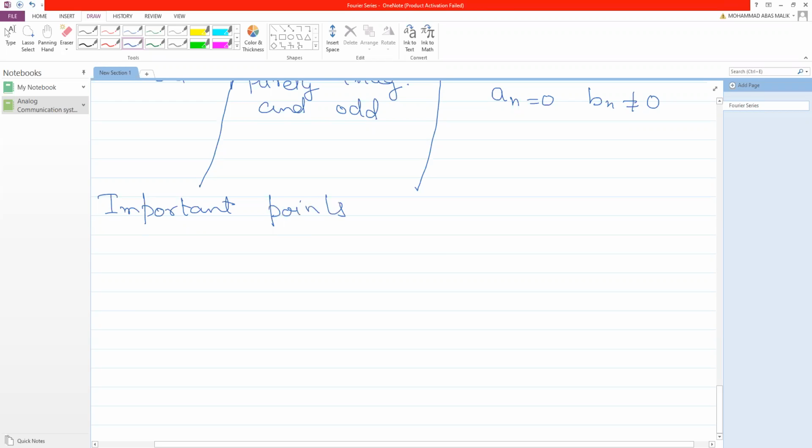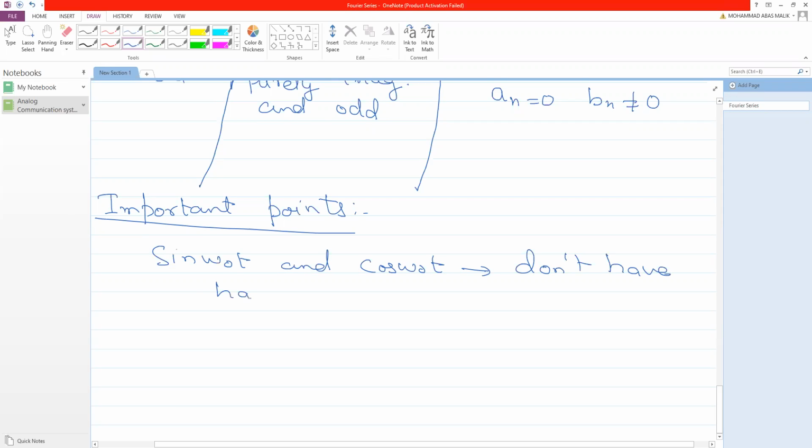First one: sine and cos are purely fundamental signals. Sine omega naught t and cos omega naught t don't contain any harmonics.